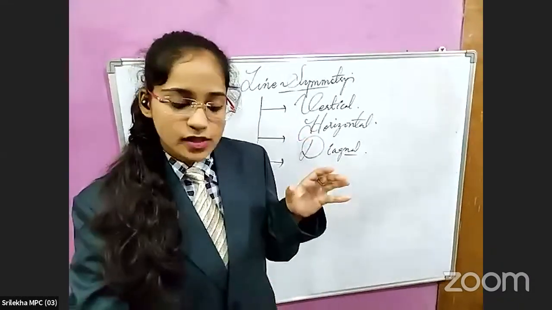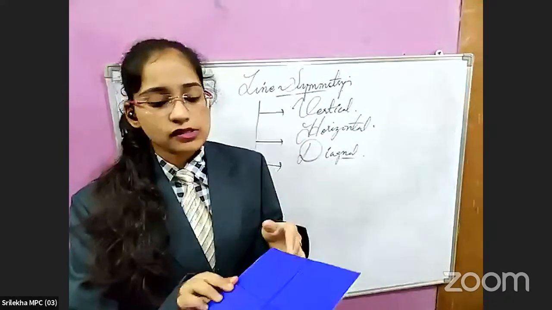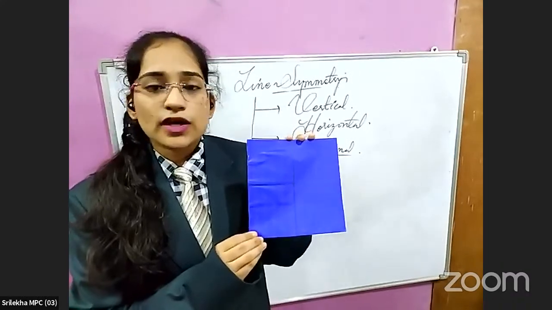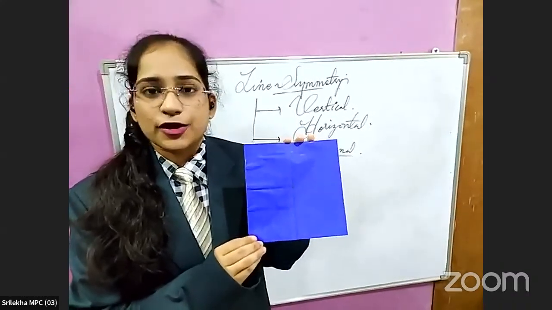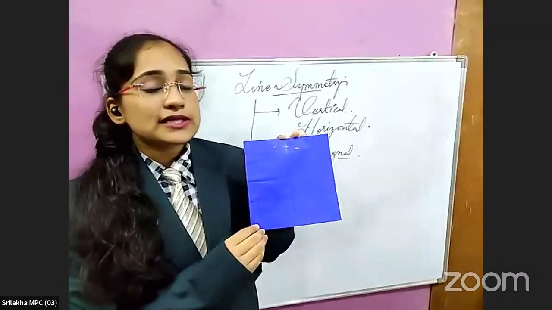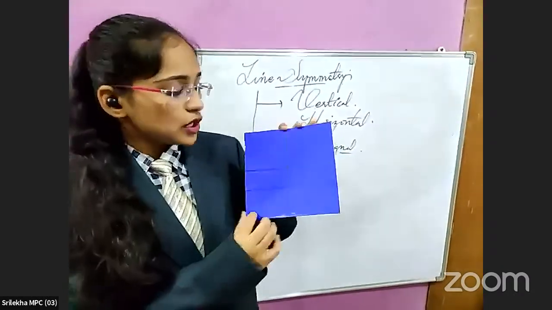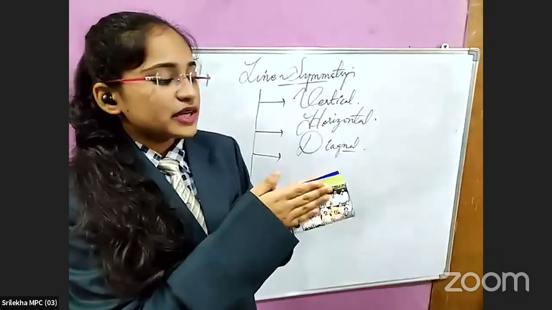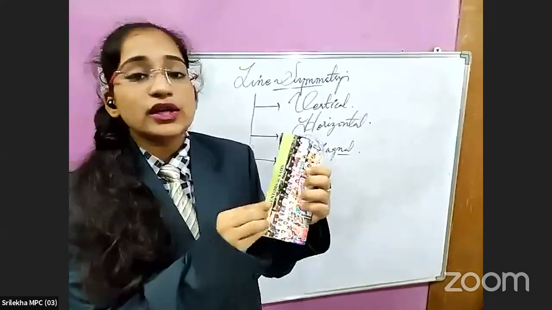Then coming to the next example, which is an example for horizontal line symmetry and also vertical line symmetry and diagonal line symmetry. Yes, let us consider it as an example for horizontal line symmetry. If you make a line in a horizontal way and fold it, then you can observe that it exactly coincides.